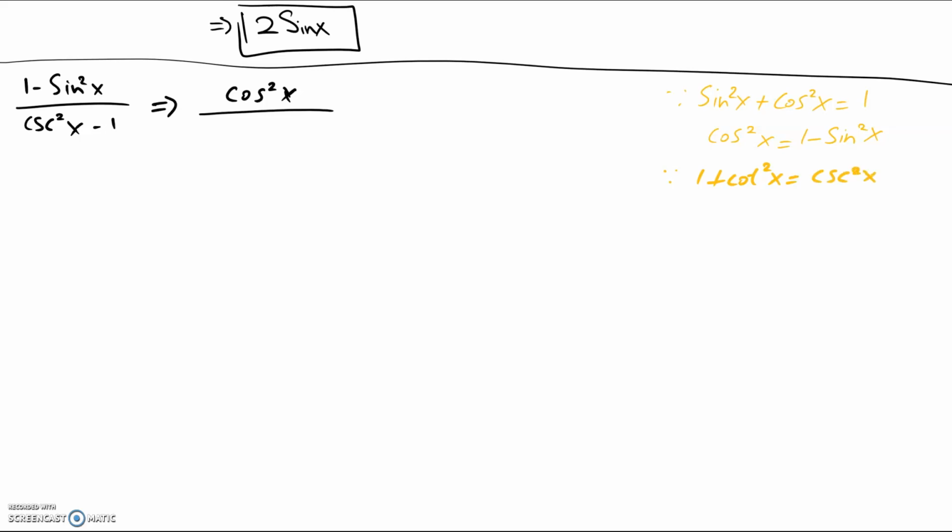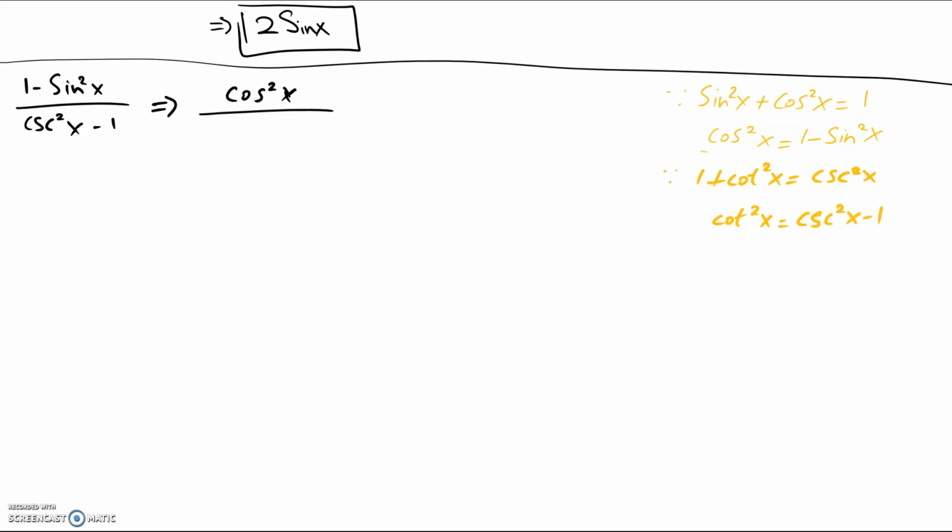I will rearrange this identity, and it's going to be, the other way around, cosecant squared x minus 1 equals cot squared x.